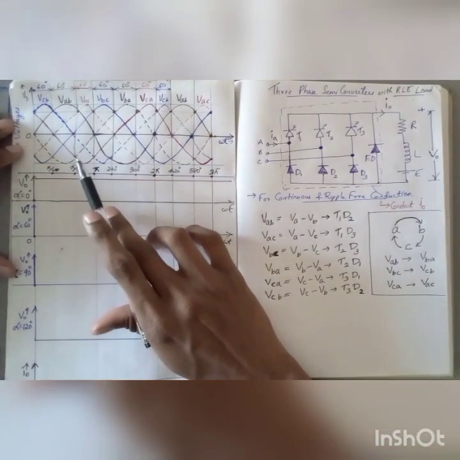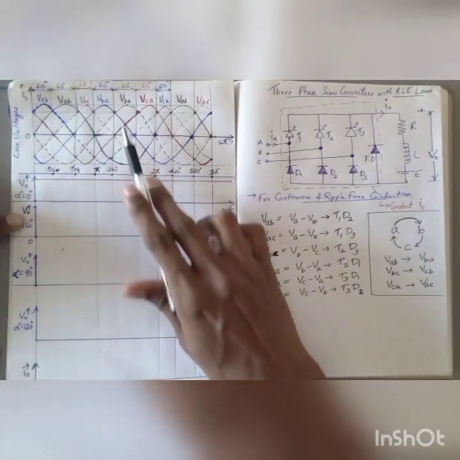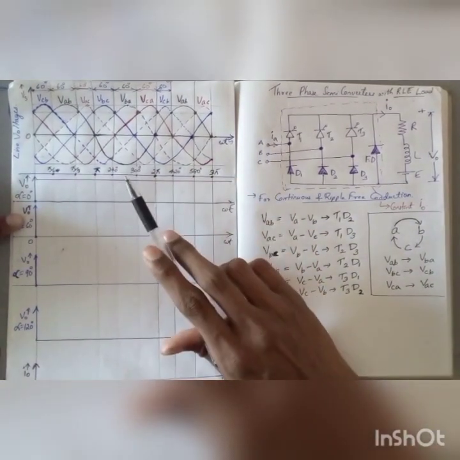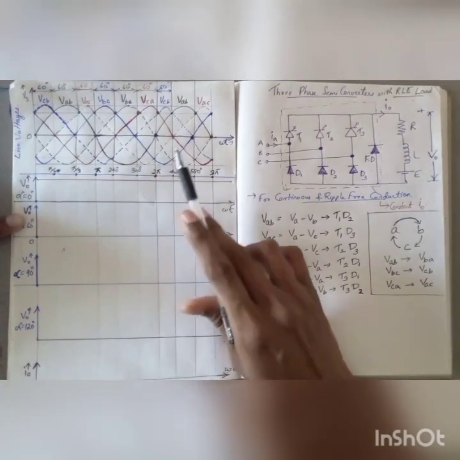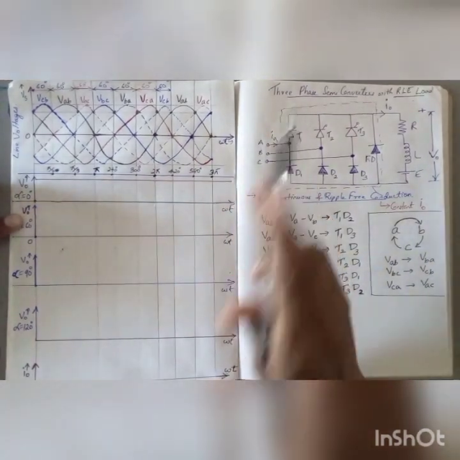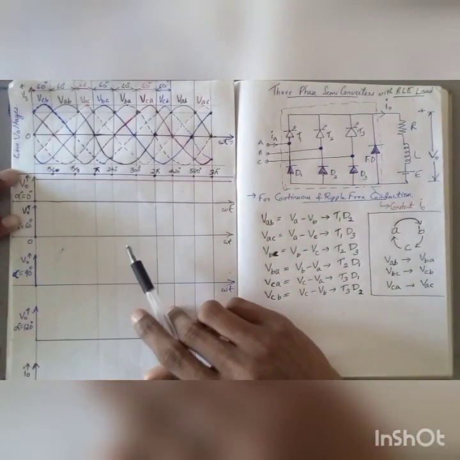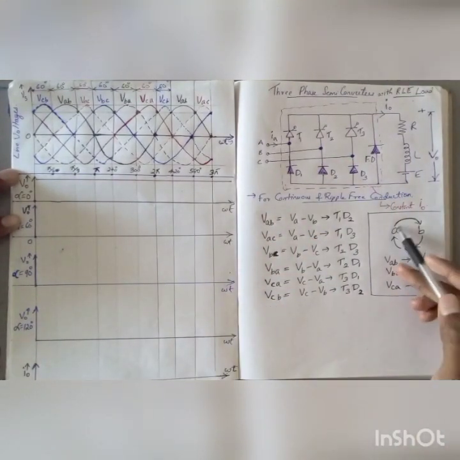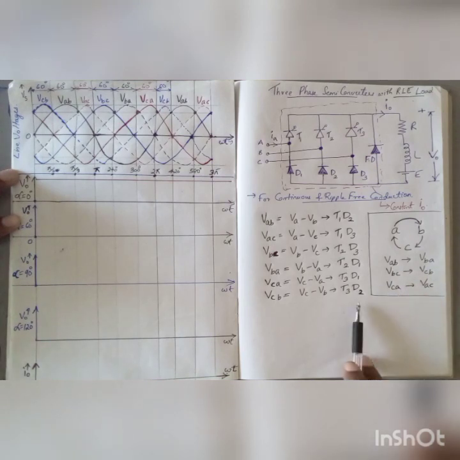We have already discussed how to draw three-phase waveforms in the previous session, and how to draw line voltages also, when we discussed the three-phase full converters. If ABC is the phase sequence, VAB, VBC, VCA will be the order of voltages.